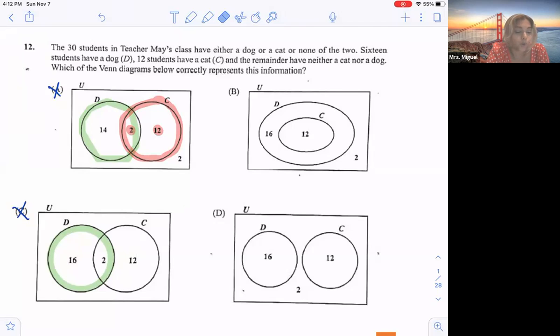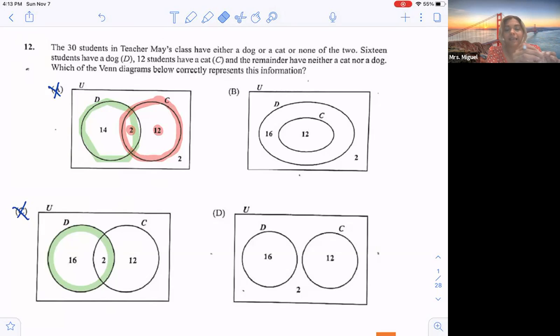All right. Now, the question is a little bit ambiguous in the sense that they say that they either have a dog or a cat or none of the two. They didn't tell us everybody who owns a cat owns a dog. So I will have to go with D because it's either you have one pet. You could have a dog, or you could have a cat, or you could don't have any pets.